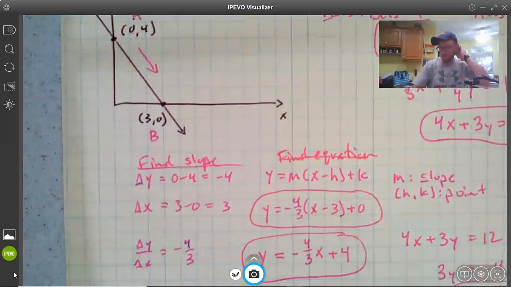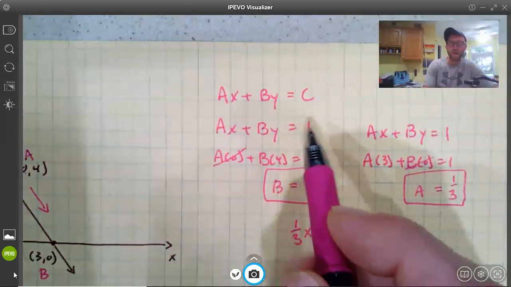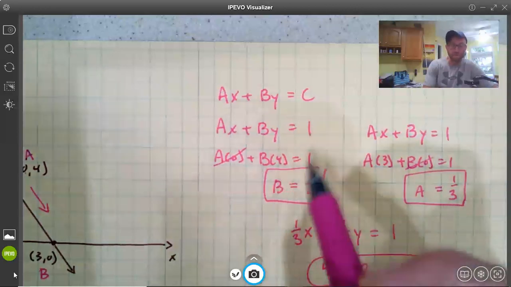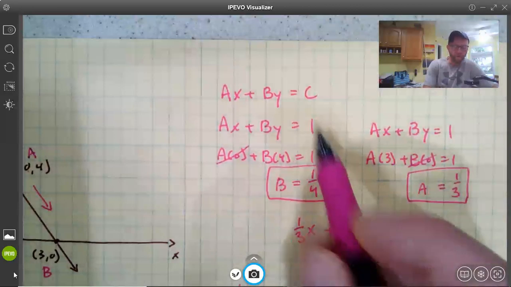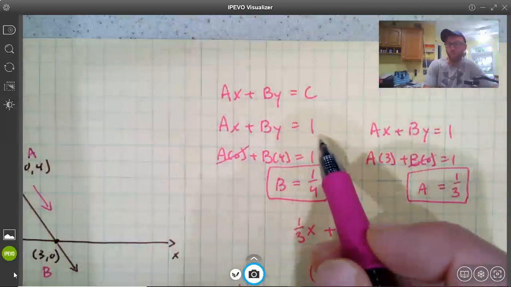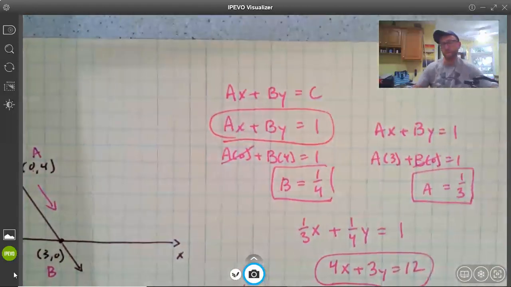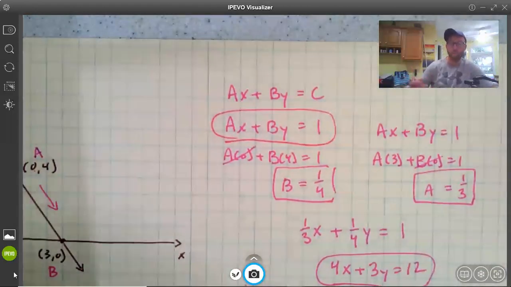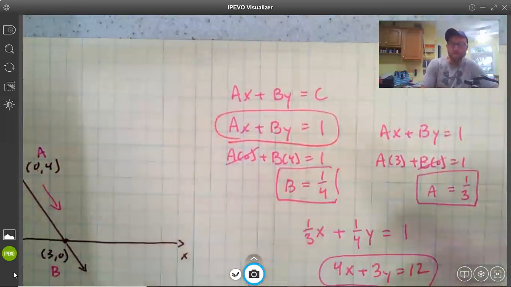So that's one method. The other method is to write the equation out in standard form and just choose some number, whatever you want, for c. I just chose 1, partly because of a problem you need to work on where c is 1. And then you just plug in the coordinates and solve for the coefficients.